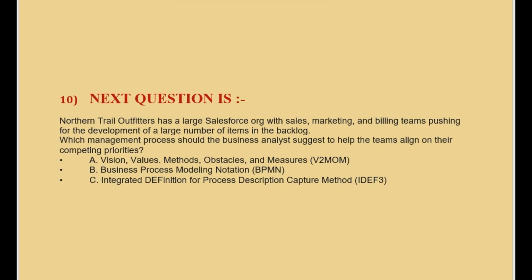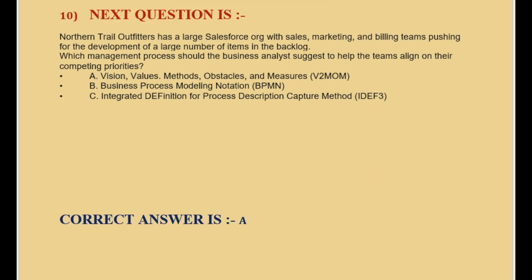Option A, vision, values, methods, obstacles, and measures (V2MOM). Option B, business process modeling notation (BPMN). Option C, Integrated Definition for Process Description Capture Method (IDEF3). Correct answer is option A.